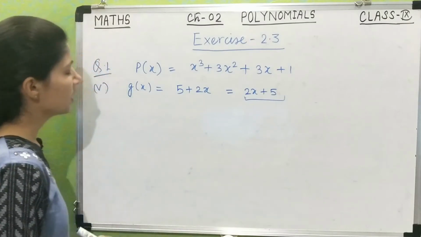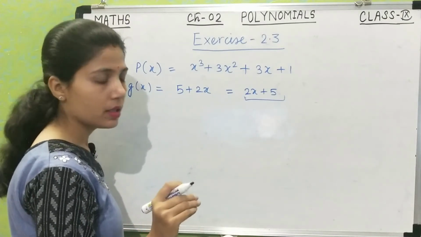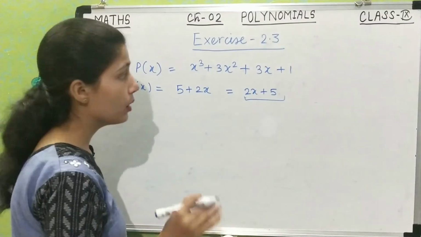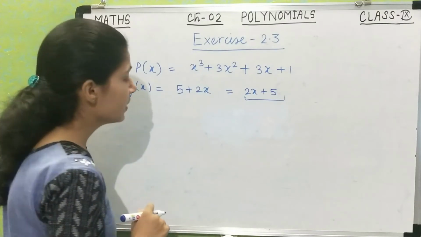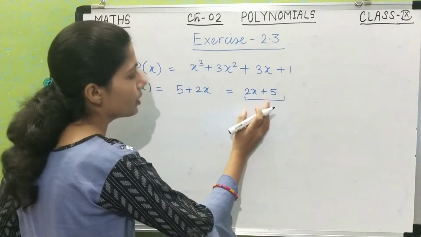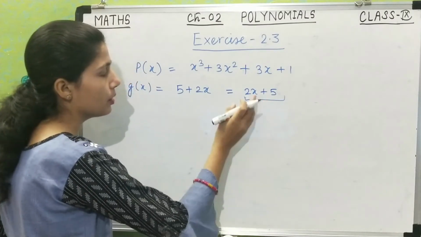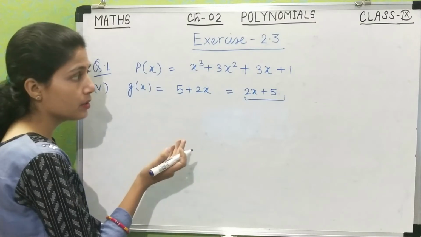Now see, first we have to find the value of a, which is any real number, since you are dividing this polynomial by x minus a. If we want to find the value of x, we put x minus a so that we get its zero.